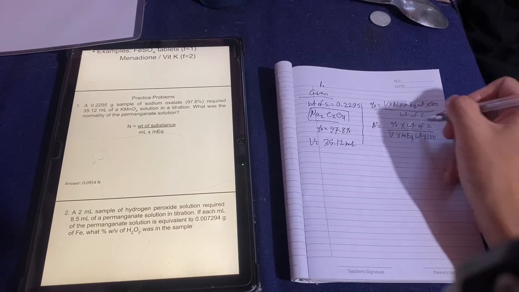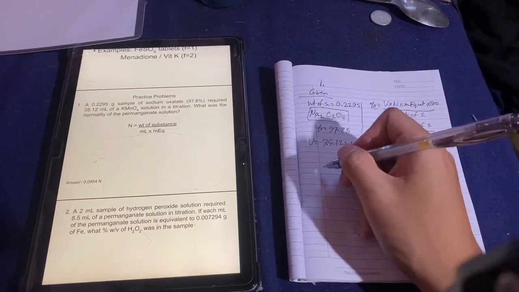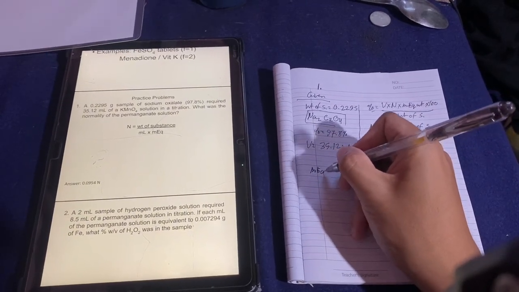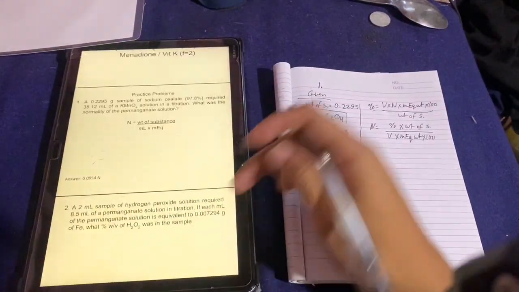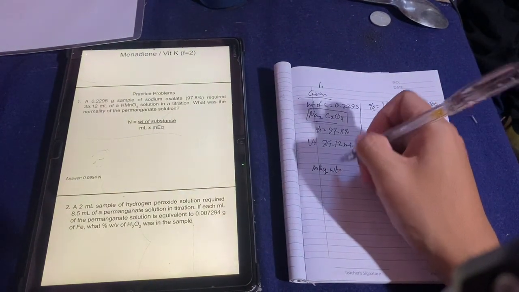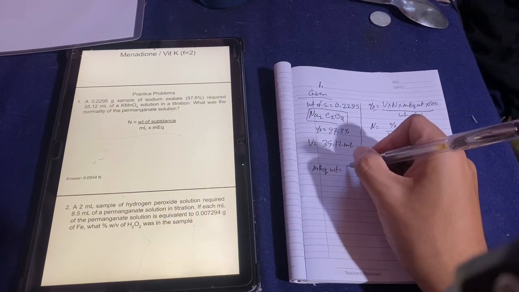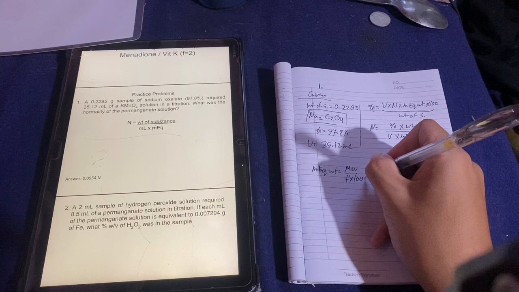In order to use the formula, we are still missing the milliequivalent weight, so let's find it. The milliequivalent weight of the analyte, which is the sodium oxalate, is molecular weight over factor times 1000.